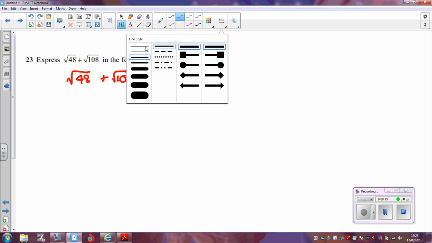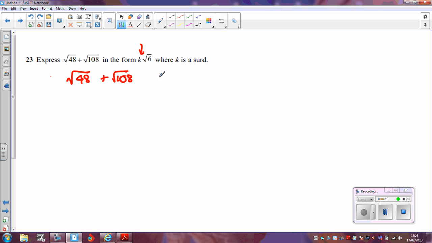Now, what I think is probably the easiest thing to do is to take each of these and rewrite them as something times 6. I'm going to take the 48 and rewrite that as 8 times 6. And then the square root of 108, if I just work out how many 6's there are in 108, well, 6 goes into 10 once, remainder 4, 6 goes into 48 8 times, so 108 is the same as 18 times 6.